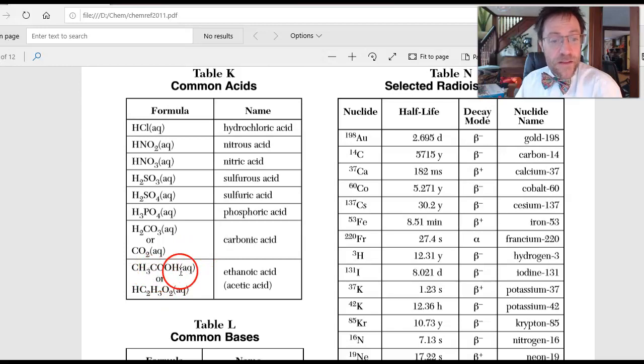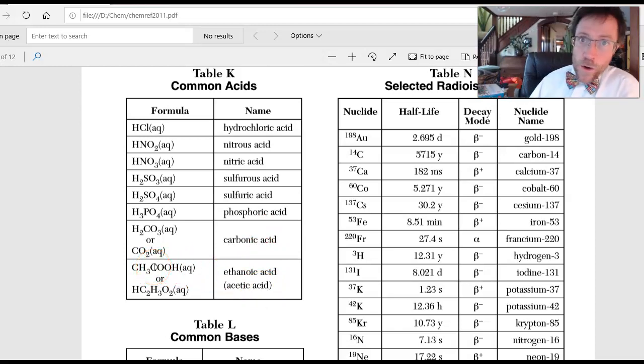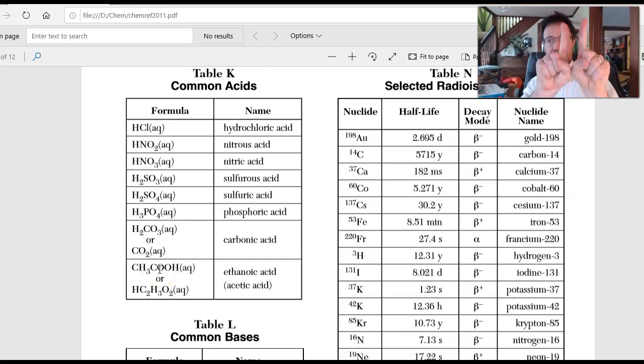And this is called ethanoic acid, or acetic acid, or vinegar, depending on how you want to call it. It's been around for so long, it has tons of different names. That's why it has like 3 different names. But this right here, do you see the shape where it says COOH right there? That COOH, we're going to talk about in chapter 11 when we talk about organic molecules.